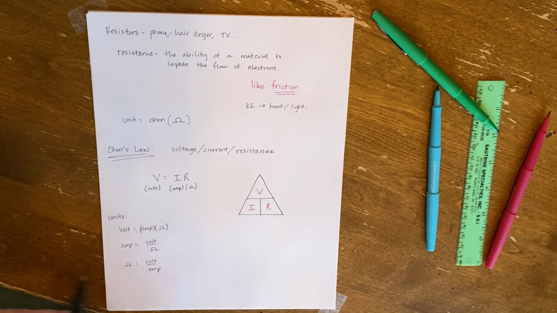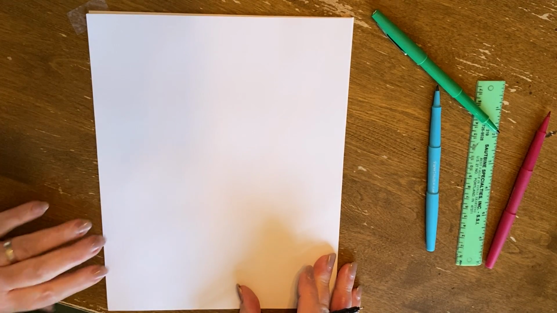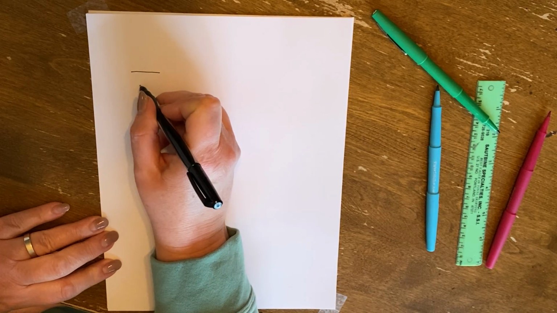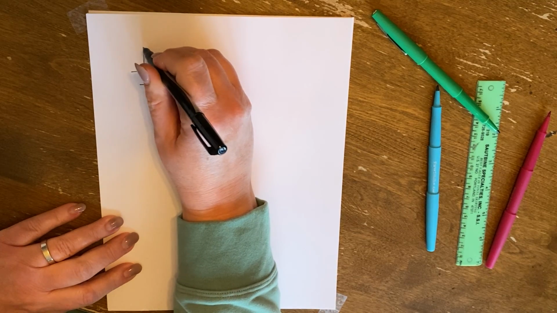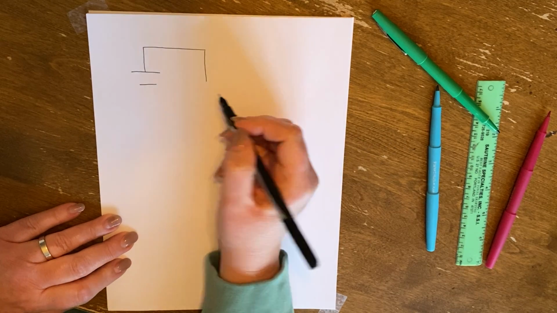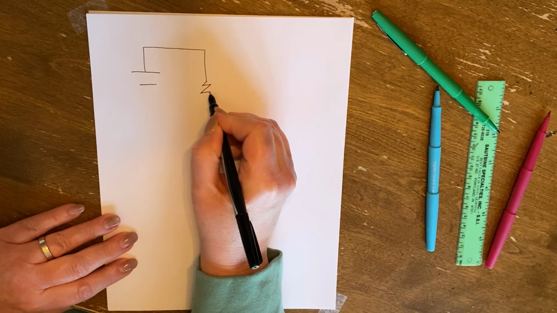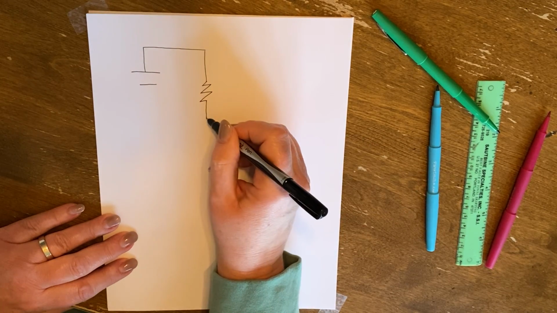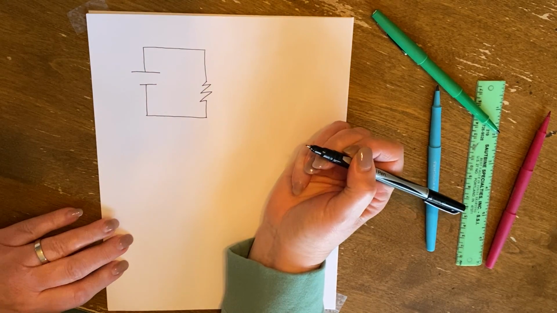Okay, so how do we put all this into one of our circuit drawings then? All right, well, let's start out by drawing our long line and our short line. We're going to draw our circuit around that. To indicate a resistor, the symbol for that in our circuit drawing is a jagged line. All right.